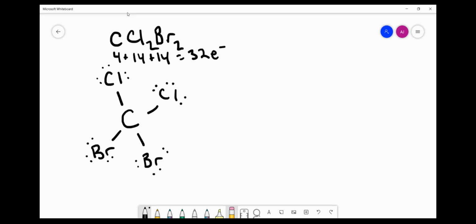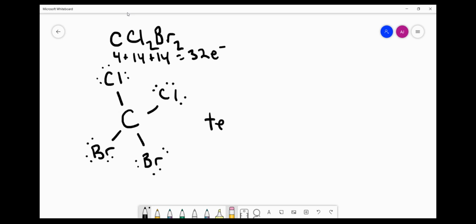Carbon, 2, 4, 6, 8, an octet. So we have a stable molecule, so this is a good Lewis structure. And now I look at the combination of bonded pairs and lone pairs. And a shape which has 4 bonded pairs and no lone pairs is going to be tetrahedral.